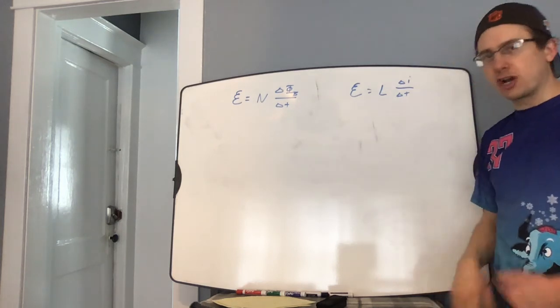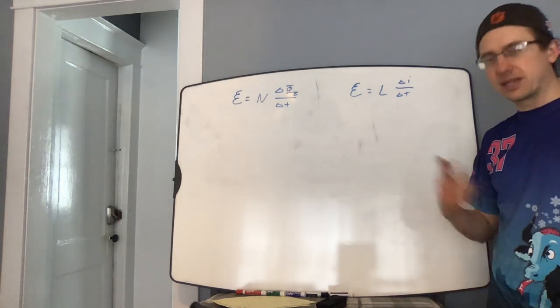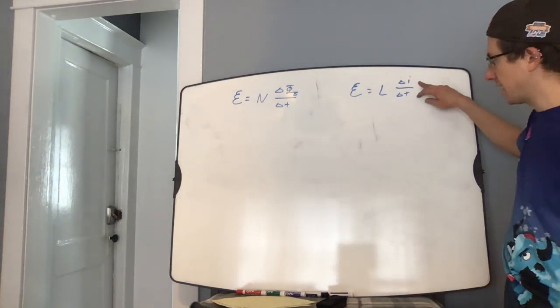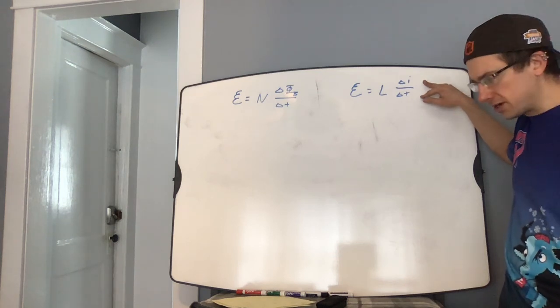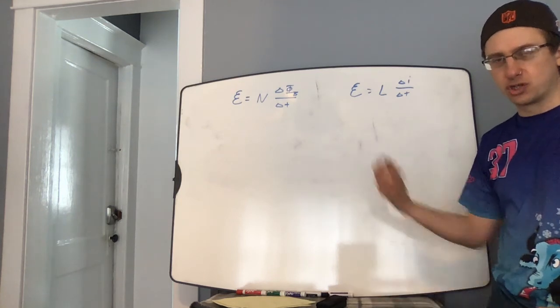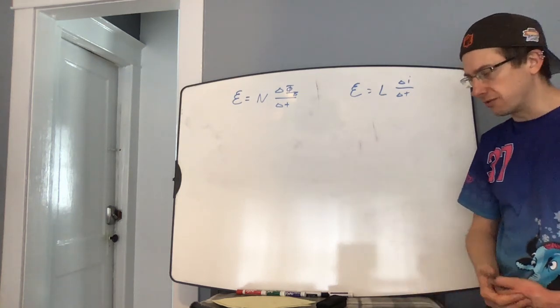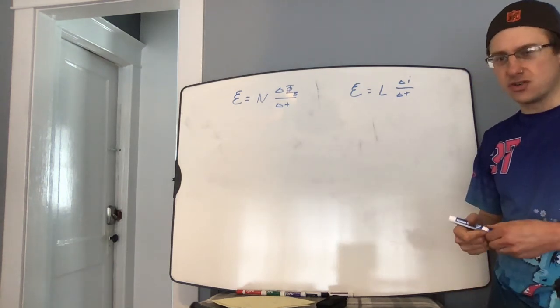Well, because moving charges are the thing that create the magnetic field, I could say, how do I get my magnetic field to change? Well, I either turn up or turn down the current. So the rate of change of the current will be related to the rate of change of the magnetic field, which will be related to the rate of change of magnetic flux. So both of these equations are perfectly valid to use.